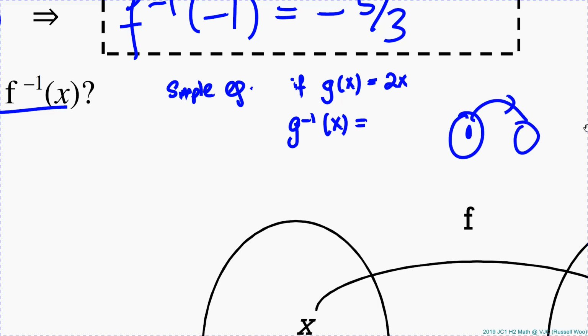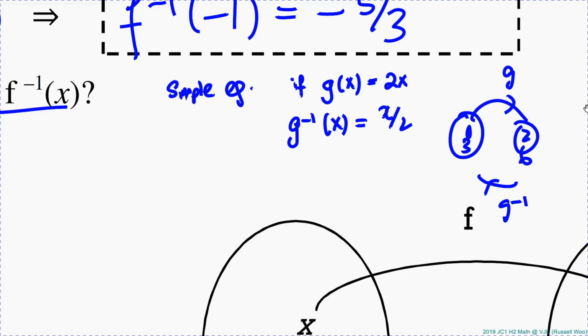You put 1, you get 2. You put 3, you get 6. This is g. What is g inverse? G inverse is the other way, right? That means you halve the values. Does it make sense that this is x over 2? You halve all your values. Of course.